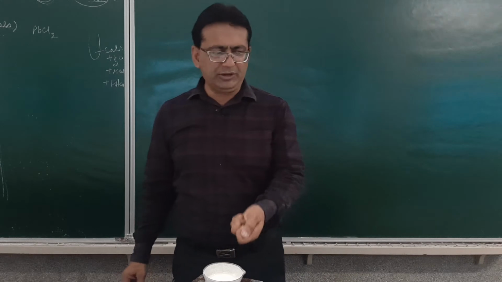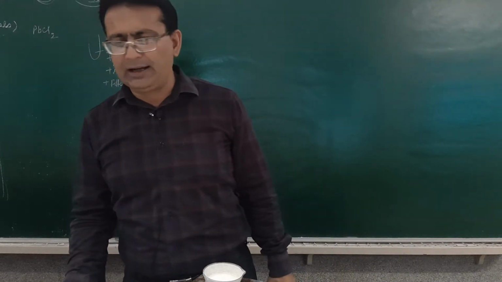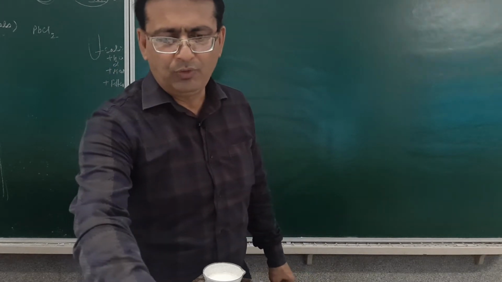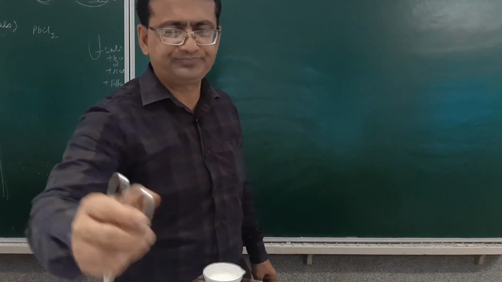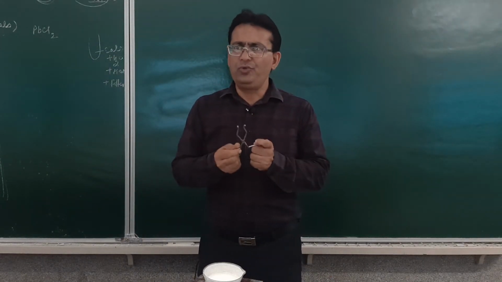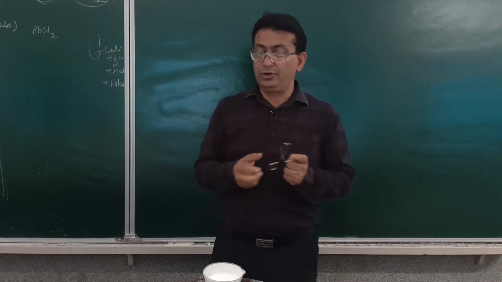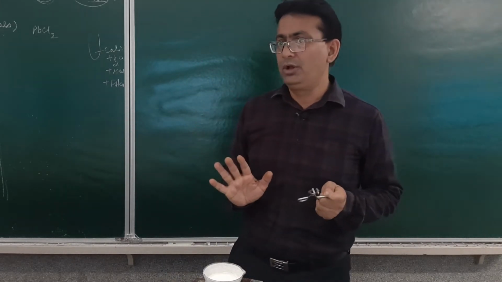Now I have to pick this china dish. To pick this china dish, I need an apparatus. Just see this, this is a tongs kept over here. You will be using these tongs to pick it. Don't pick it with the hand. It is heated up now, so you may get burned.